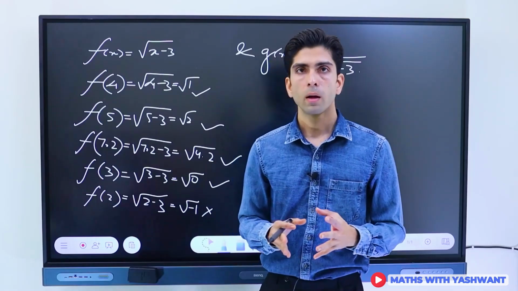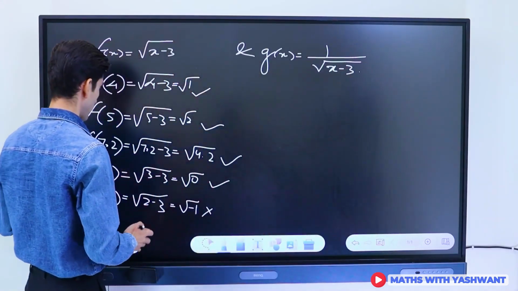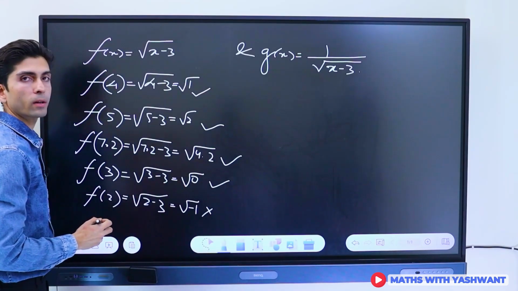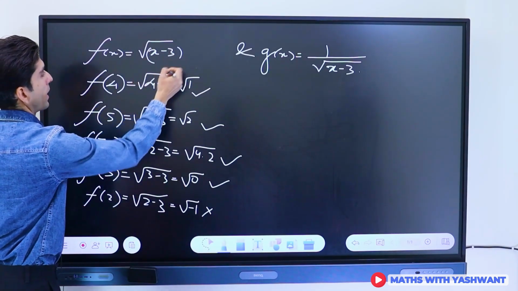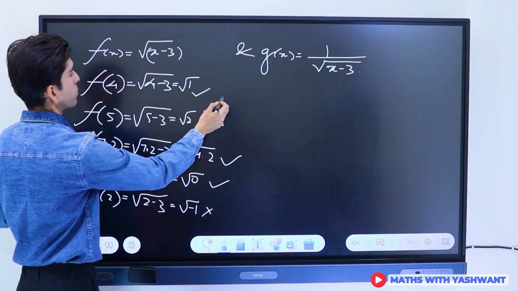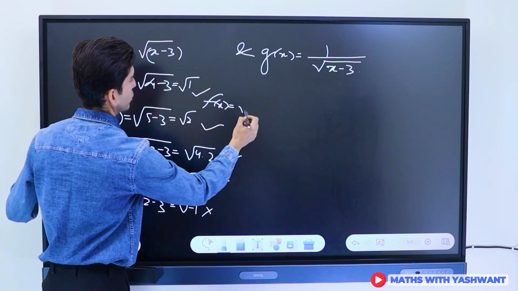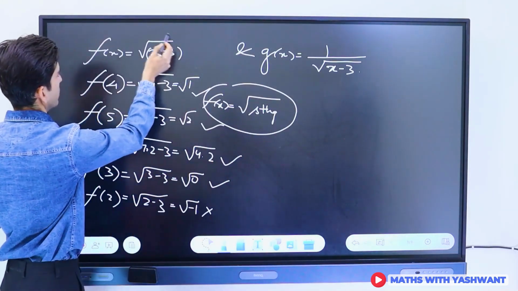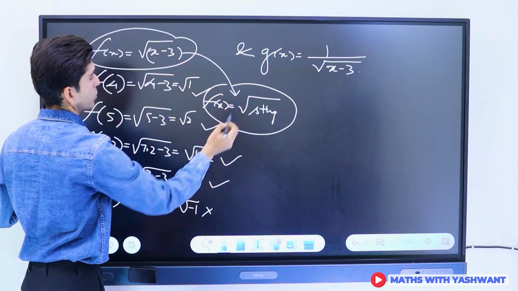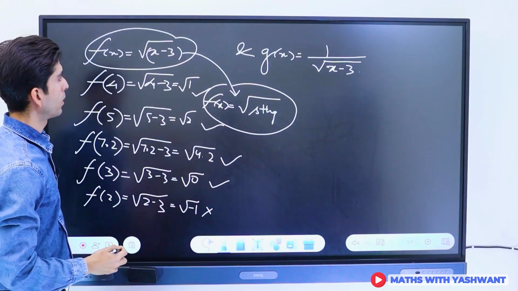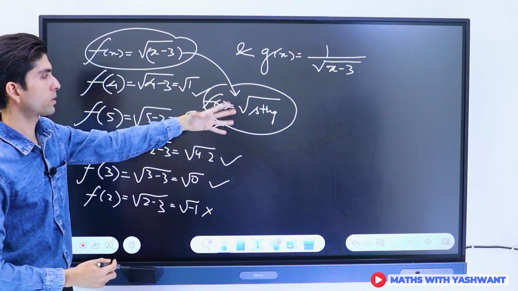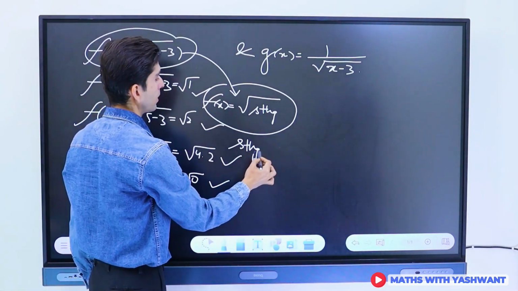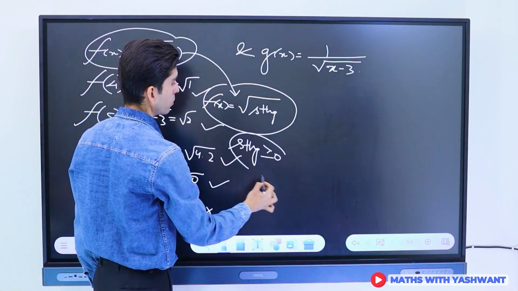So I can conclude that, better I should write, we have f(x) is equal to the square root of something. This structure is similar to this: f(x) is equal to the square root of something. So if we want this functional expression to be defined, then we have to make sure that something is greater than or equal to 0.